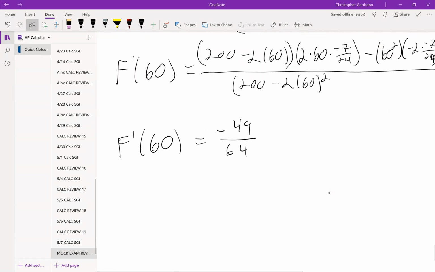Negative 49 over 64, hundreds of calls per hour. So at that instant, the number of pizza delivery calls, in hundreds of pizzas per hour, is decreasing at that rate.